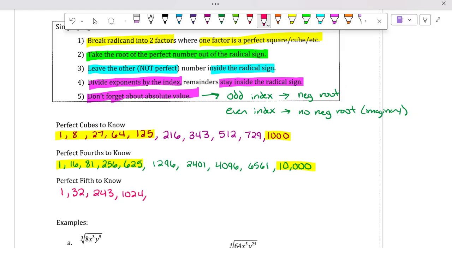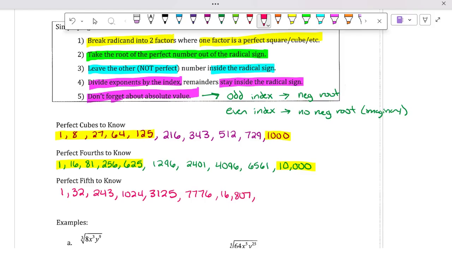And 5 to the 5th is 3125. If you want to go further, you can. So 6 to the 5th is 7776.